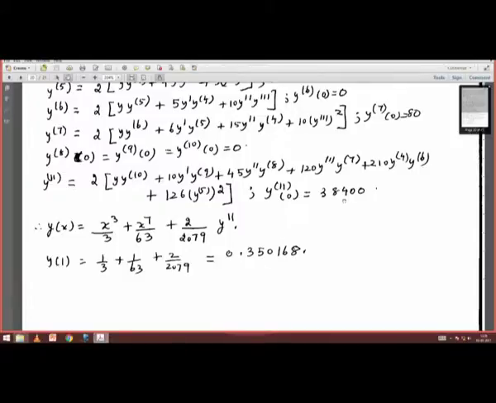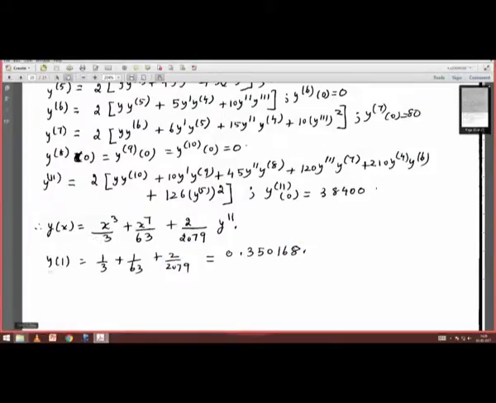So, we write out what y of x is using these first three non-zero terms, which is nothing but x cube by factorial 3 into y triple prime 0 plus x power 7 by factorial 7 into the seventh derivative of y at 0 plus x power 11 by 11 factorial into the 11th derivative of y at 0. So, that gives you the solution of y at any x.